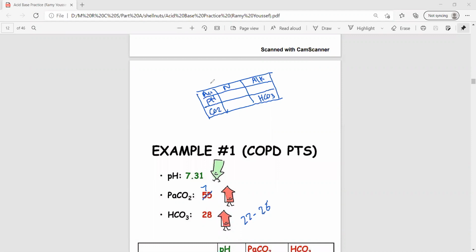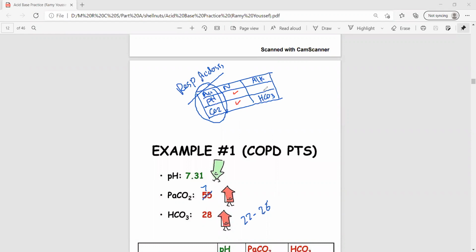So what is this problem? First of all, it is acidosis, respiratory acidosis. What about compensation here? If I find the other parameter within normal, it is uncompensated.